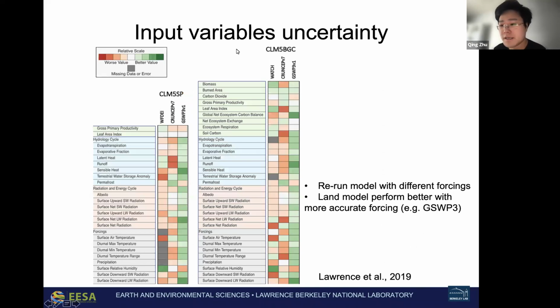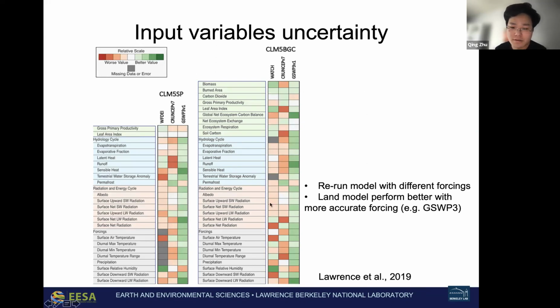So zooming into different sources of uncertainty, we look into the input variables. The traditional way of doing that is that we rerun the model with different forcing. Here is an example from the Dave Lawrence paper, where they force the model with different kinds of forcing and conclude that the land model can perform better with more accurate forcing, which is the GSWP3 V1 version. The idea here is that if we have multiple sets of input forcing, we just rerun the model and then evaluate it.